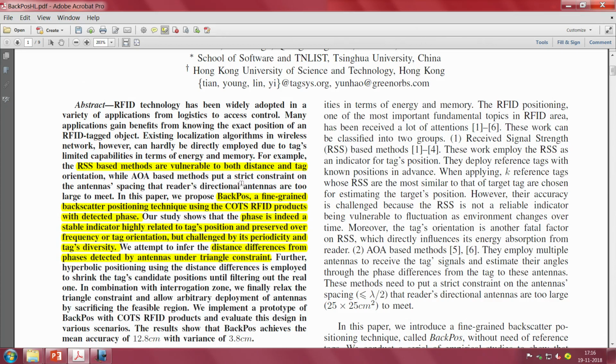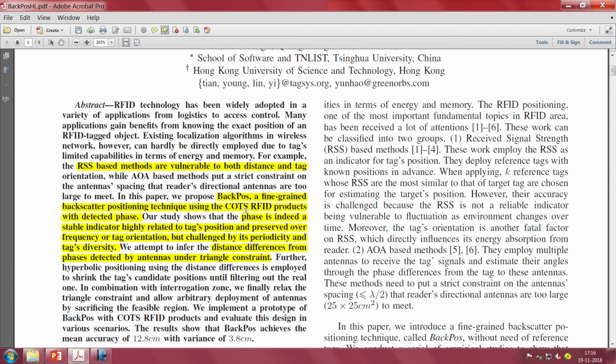AOA methods put a strict constraint on the number of antennas in terms of antenna spacing, that readers' directional antennas are too large to meet. Okay, so this is essentially what we have also described with respect to the different localization methods that are applied in RFID, and essentially they are all using angle of arrival based methods only, where there are multiple receiver antennas.